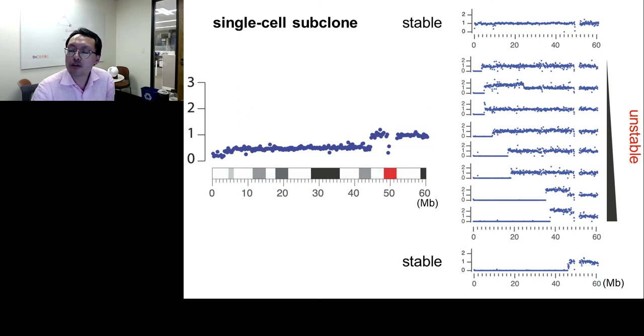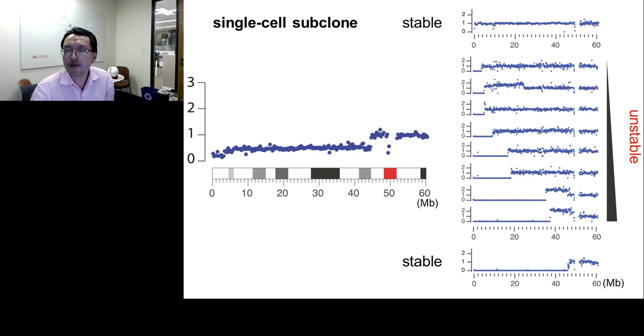In particular, we see some cells with small terminal loss, and that loss gets bigger in other cells in the same population. And we speculate that this varying pattern of terminal DNA loss could reflect some ongoing evolution in the progeny population. In other words, this could reflect some ongoing or continuous instability in the progeny population.